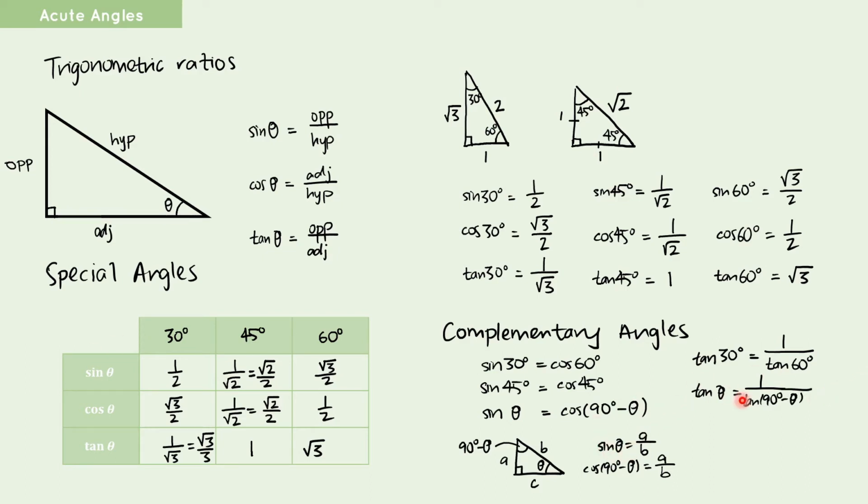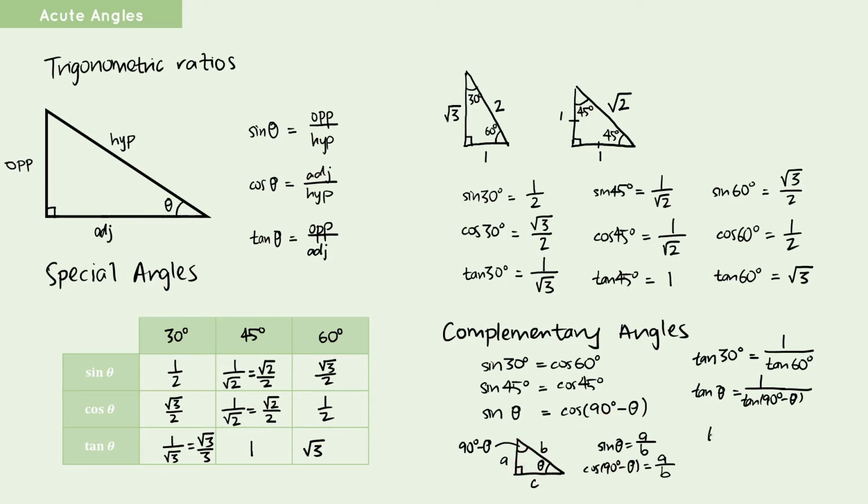If you consider this, tangent theta is opposite over adjacent, so it's A over C. But tangent of 90 minus theta is also opposite over adjacent, so it's C over A. So that's the proof for this.